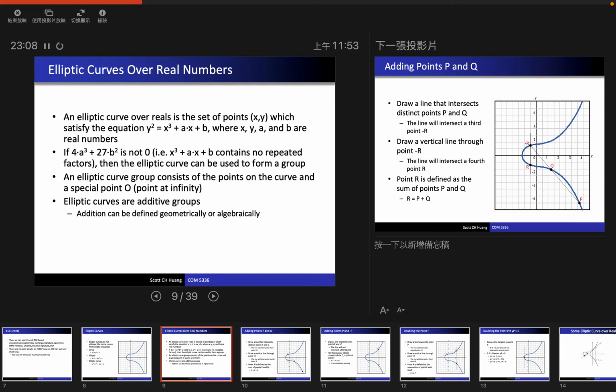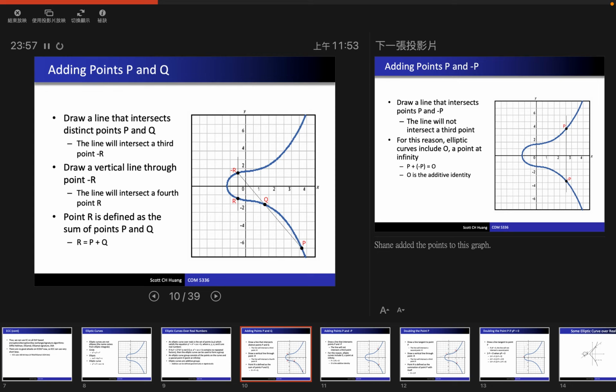So what are the elements of this group? The points on the curve plus an imaginary point that we can't see. And we call that point the point at infinity. It's denoted by big O, the point at infinity. Very strange.